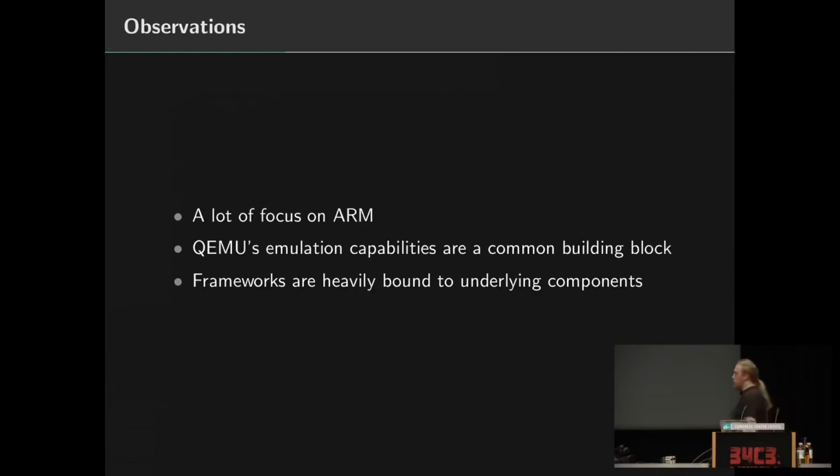So what did we learn from looking at those four tools? First of all, there's a lot of focus on the ARM architecture. Then the majority of tools are utilizing QEMU's emulation capabilities as a basic block for building up their framework.